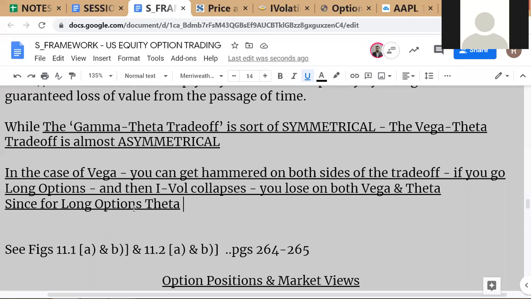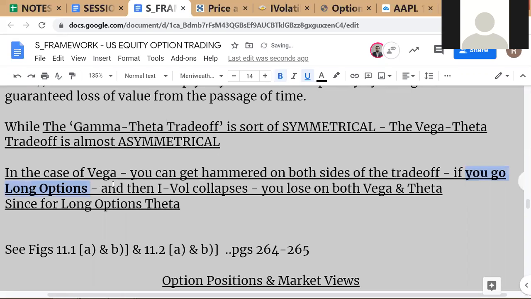So what can happen is that if you go long options and then IV collapses, you will lose on both vega and theta, because the theta is always a loss.